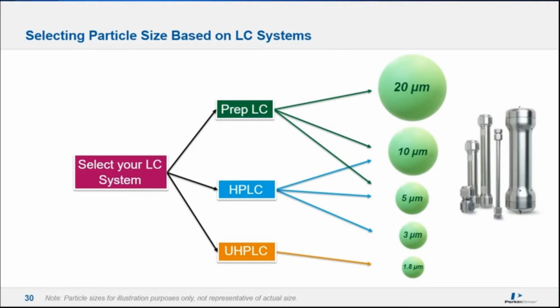They would range anywhere from 5 micron to 20 micron. For standard HPLC, we could utilize particle sizes from 3 micron to 10 micron. And for ultra-high performance or ultra-high pressure HPLC, it is generally preferred that we use 1.8 micron particles.